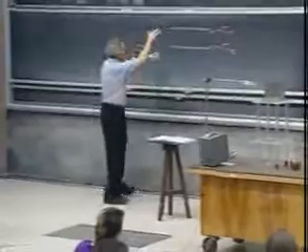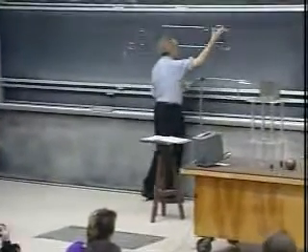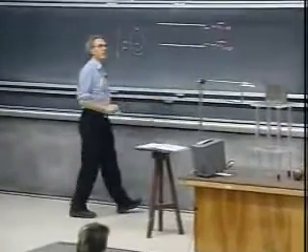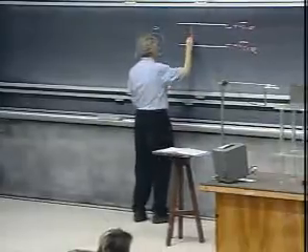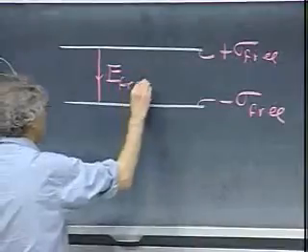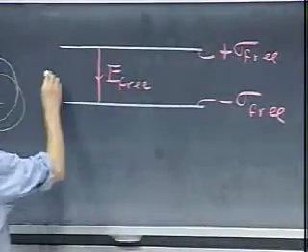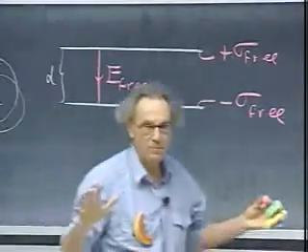So there's a potential difference between the plates, charge flows on there, it has an area A, and sigma free is the charge density, how much charge per unit area. So we're going to get an electric field which runs in this direction, and I call that E free. And the distance between the plates, say, is d.